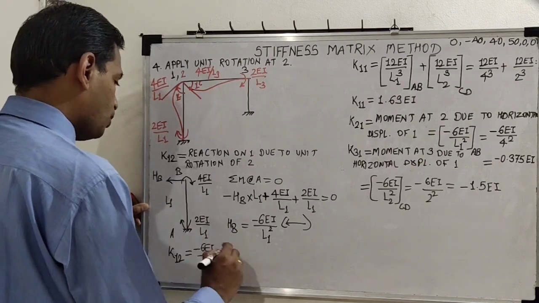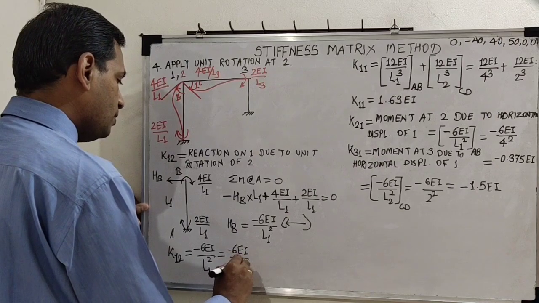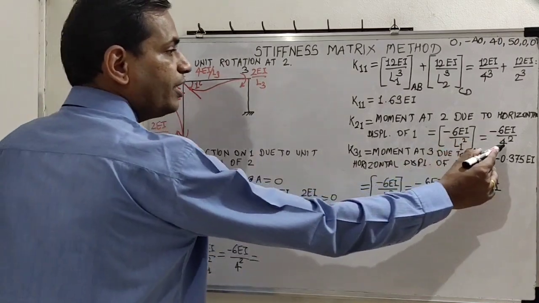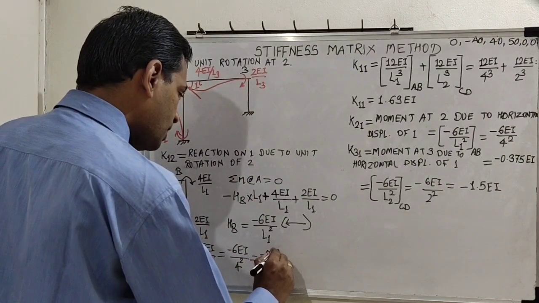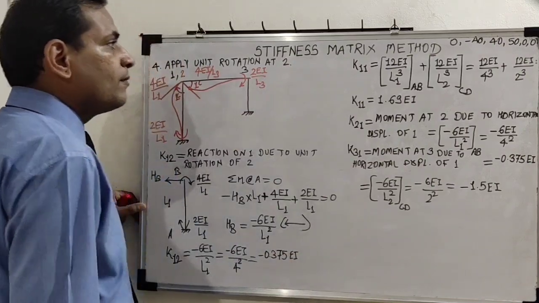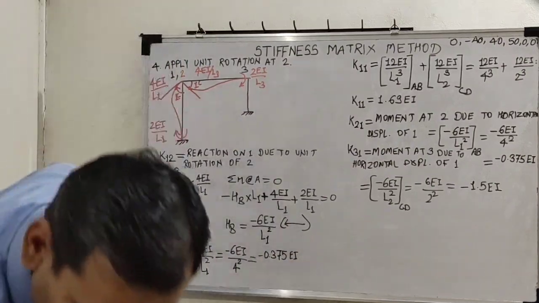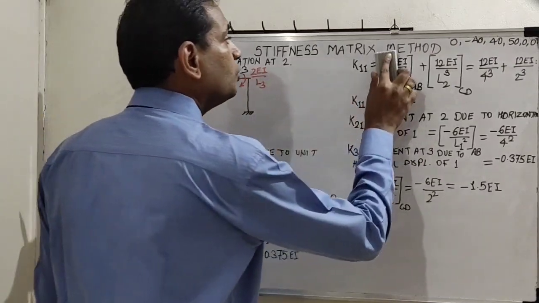So what is L1? 4. So minus 6EI upon 4 square. It has to be equal to K21. So minus 0.375 EI. Okay. Now I will need this part, so I will rub this.